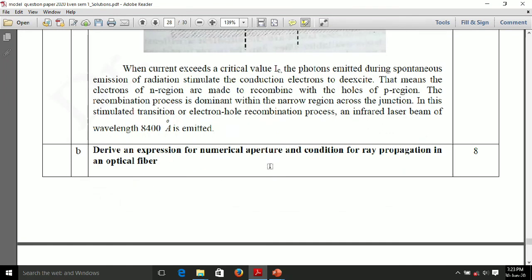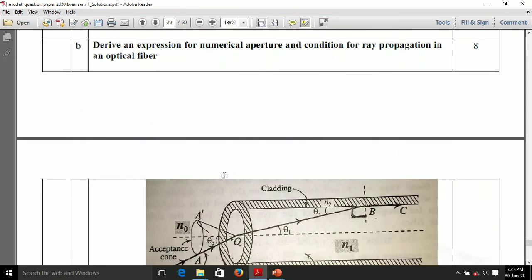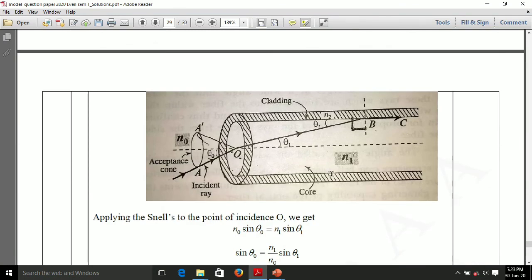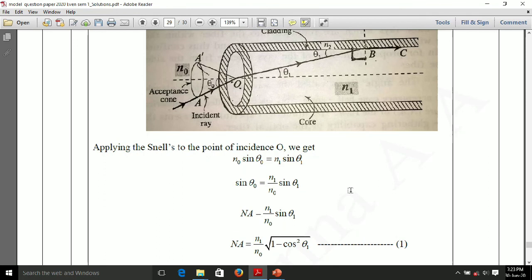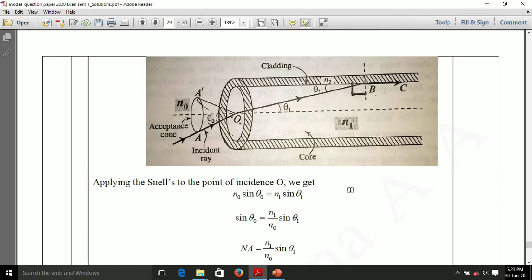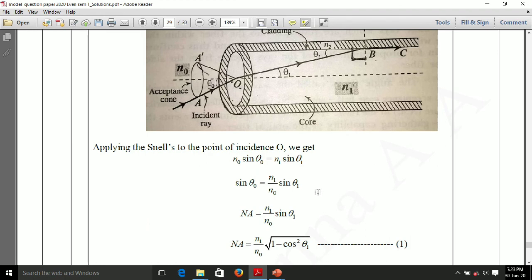You have to derive the expression for numerical aperture in this question and also to discuss the condition for ray propagation. This diagram is required for this, and in most of the answers which we observed in earlier evaluations, we found that this diagram was missing. That should not happen because you are writing all the steps with reference to the diagram.